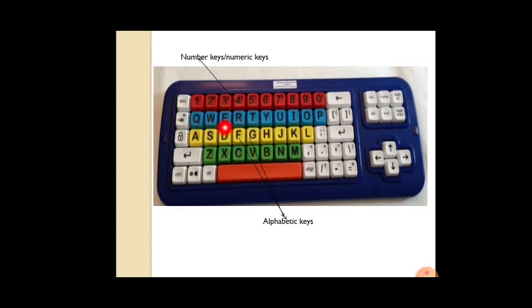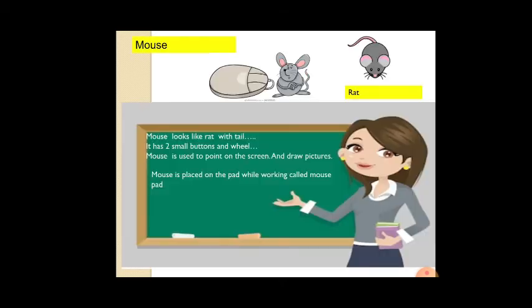Q, W, E, R, T, Y, U, I, O, P, A, S, D, F, G, H, J, K, L, Z, X, C, V, B, N, M. All these form the alphabetic keys. If I ask what this key is, you should not say F or G. You should say it is an alphabetic key, and the whole of this forms the numeric keys.